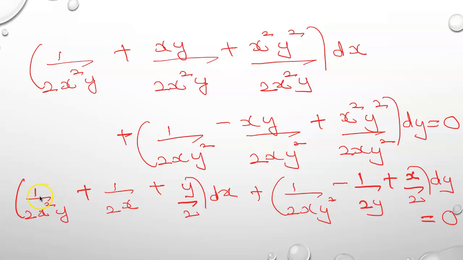Now you get 1 by 2x squared y plus 1 by 2x, cancelling the common terms, plus y by 2, plus 1 by 2xy squared. x and y get cancelled, so minus 1 by 2y. x and y squared get cancelled, so I get x by 2 dy equal to 0. Now please take a pen and paper and work along with me. You can pause the video at each slide and then proceed.